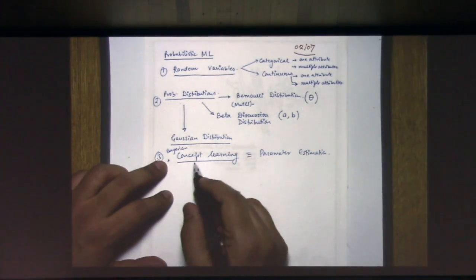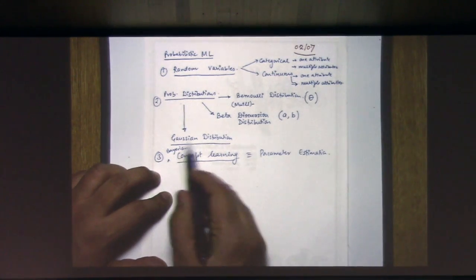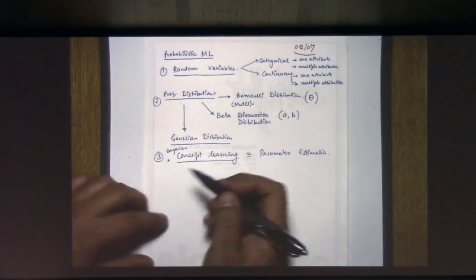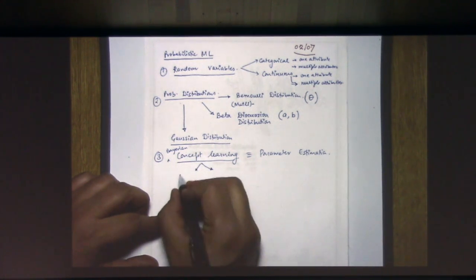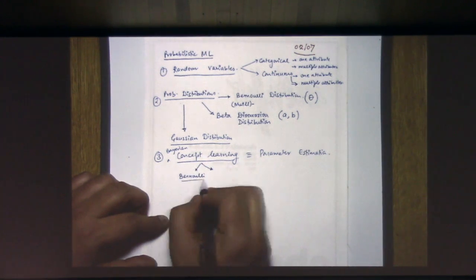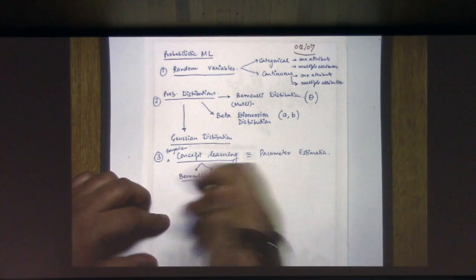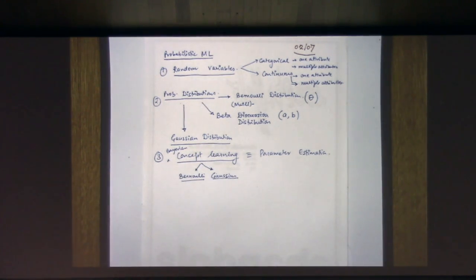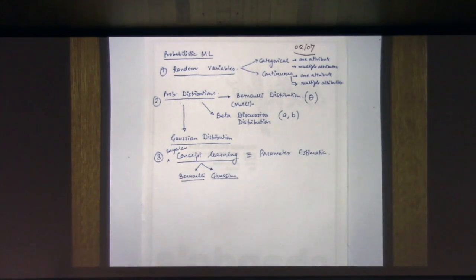We have looked at it from the Bernoulli distribution, right? Today we are going to look at it from the Gaussian distribution perspective, right? So at the end of this class, you would know how to do Bayesian concept learning with Bernoulli and with Gaussian. After that, what I would expect is that you would be able to do similar concept learning for any type of distribution, right?